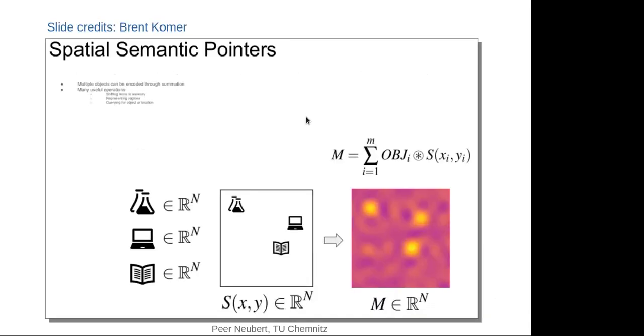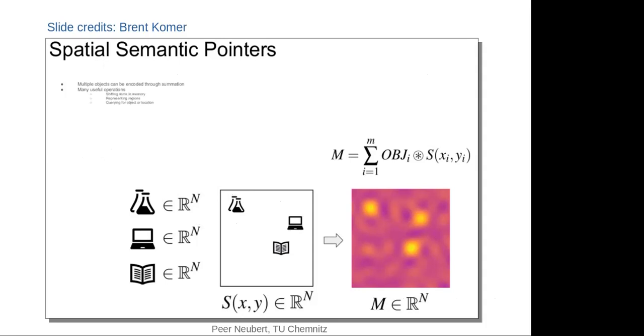So I just selected 2 examples from webinar talks from the last year, where from the VSA perspective, something very similar happened. One was the talk by Brent Comer, where he talked about spatial semantic pointers, where the idea was, okay, we have some objects and we encode them by vectors, and they are located in some image domain with location.